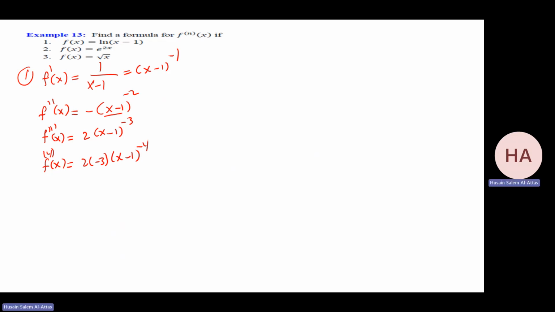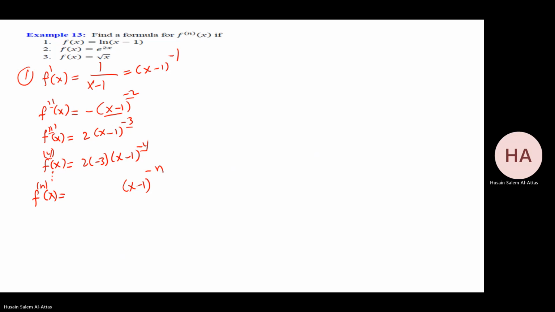Can you decide about the nth derivative? Yeah, we can think about the nth derivative, I think, easily. The nth derivative will be what? I'll have (x minus 1) to the power minus n, since fourth minus 4, third minus 3, second minus 2, first minus 1.